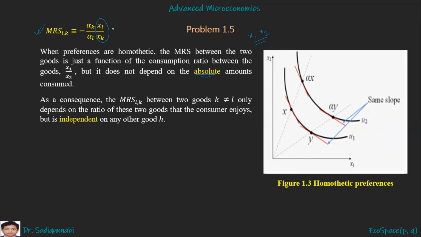So if the MRS between L and K is only the ratio of these two goods, it is independent of any other good, suppose XH. So you don't see an XH here.